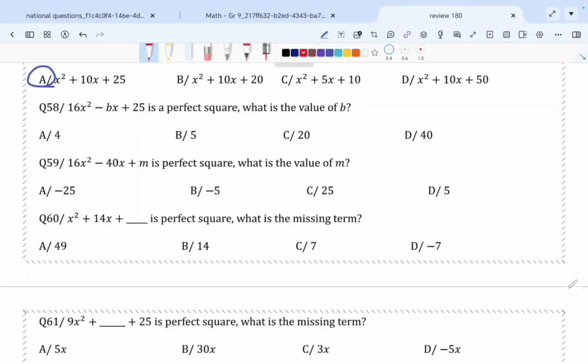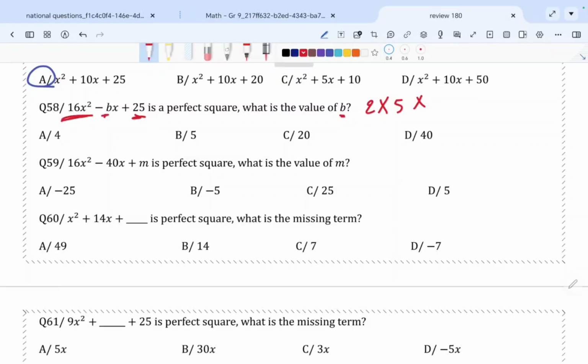Question 58. We have 16x power 2 minus bx plus 25 is a perfect square. What's the value of b? B is the middle term. If you remember, we have a rule to find the first term, second term, and third term. Now the missing one is the middle term. How can we find it? We will say 2 times, what's the square root of 25? It's 5.